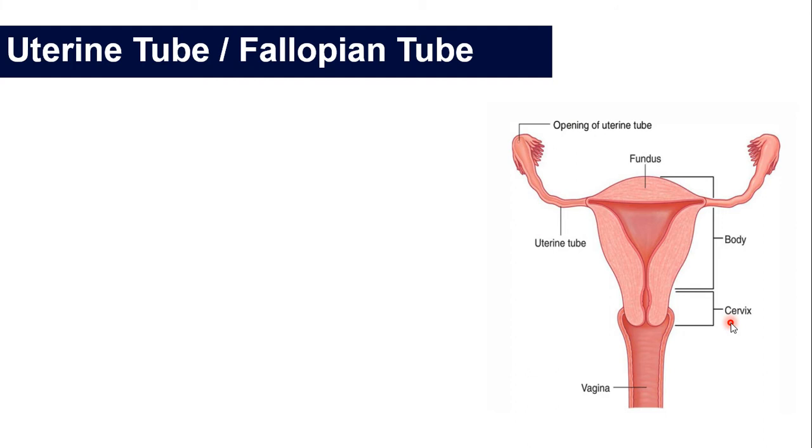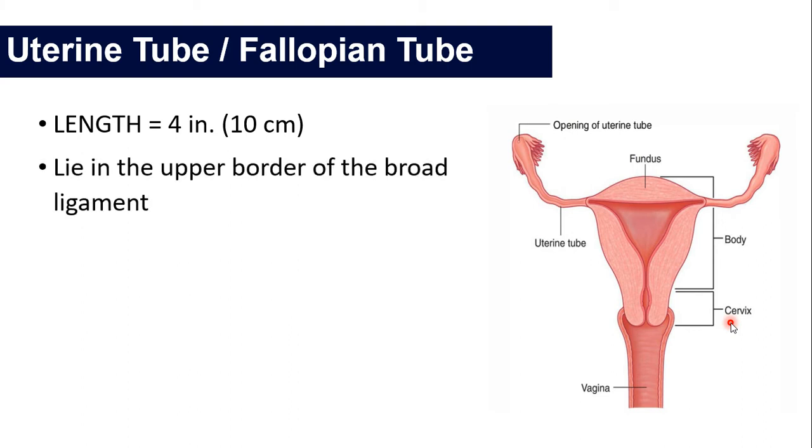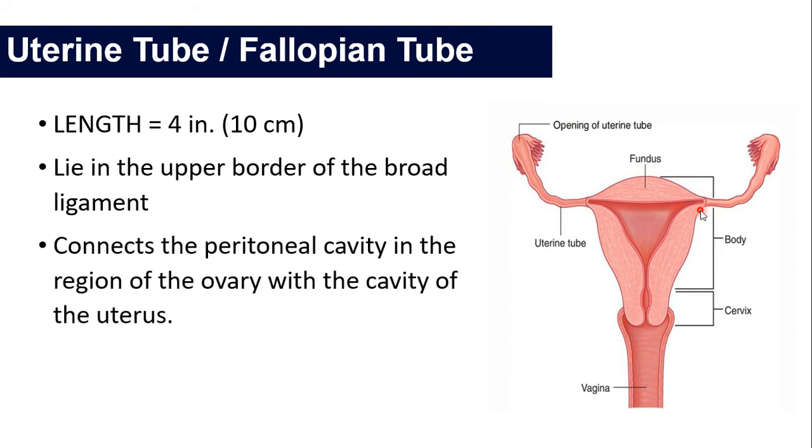The next organ is the uterine tube or the fallopian tube. Its length reaches about 4 inches or 10 centimeters. It lies in the upper border of the broad ligament. These are your uterine tubes or fallopian tubes, and they connect the peritoneal cavity in the region of the ovary with the cavity of the uterus.